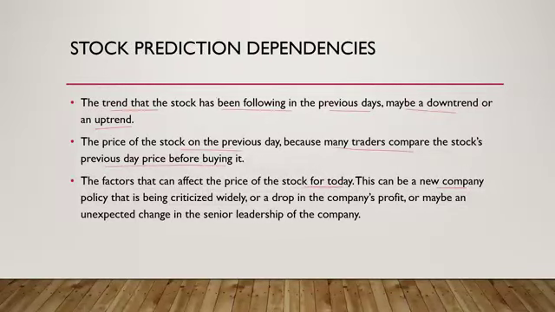This can be a new company policy being criticized, or a drop in the company's profit, or an unexpected change in the senior leadership. As I mentioned, there could be a lot of factors. If there is any change inside the company, and even any major events occurring outside the company, in the country, or overall, for example the pandemic, a big event that occurred in the whole world, that has also impacted the stock prices.